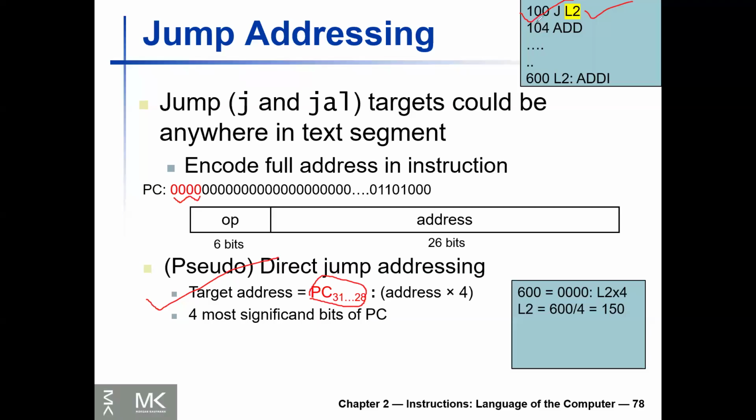So I write 600 here, and then the address, the offset, is L2 times 4. L2 equals 600 divided by 4, so we get 150. This formula is only for the jump instruction. Clear now?